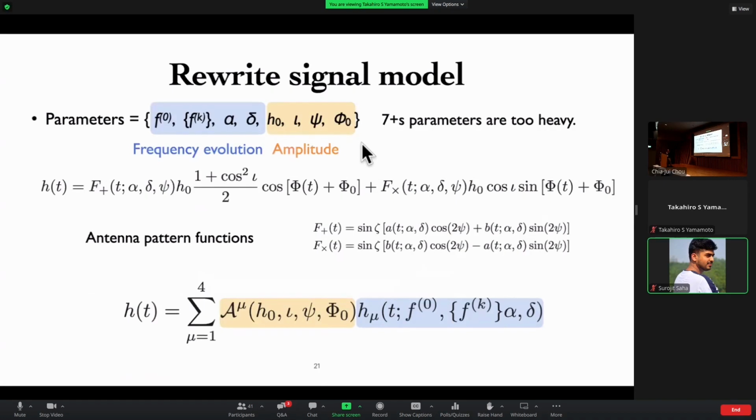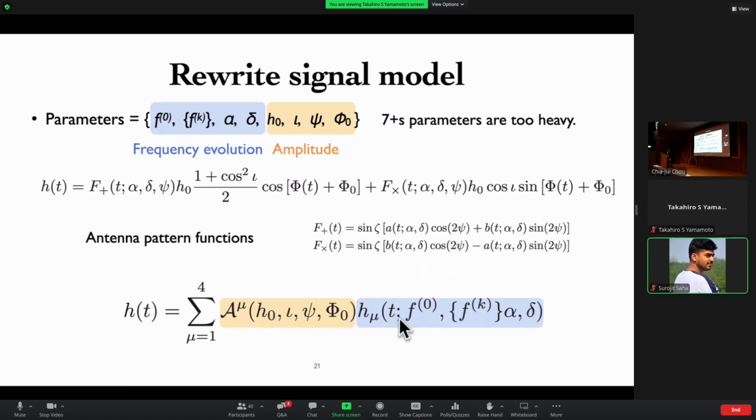But we can rewrite the signal model in this form as a linear combination of 4 H's, H1, H2, H3, and H4. And these H have time dependency and depend only on F0, F1, F2, and alpha and delta.